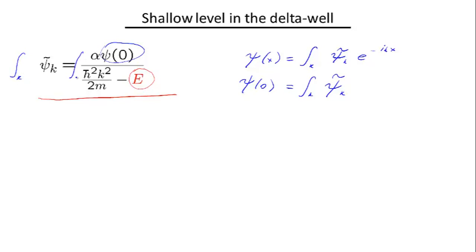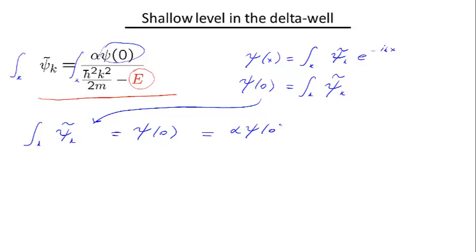So if I have an equation, I can take an integral of both sides of this equation. And if I do so, in the left hand side, I'm going to have the integral of psi tilde of k, which per this relation gives me simply psi of 0. While in the right hand side, I will have this coefficient, which is simply a constant, alpha psi of 0, times an integral over k of 1 over h squared k squared over 2m minus epsilon.